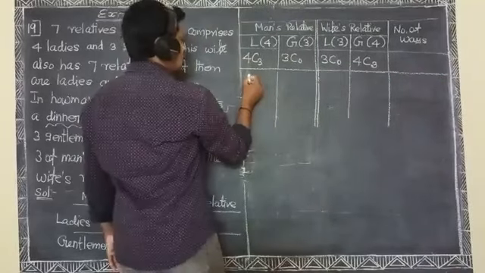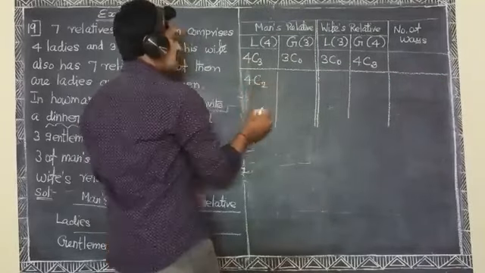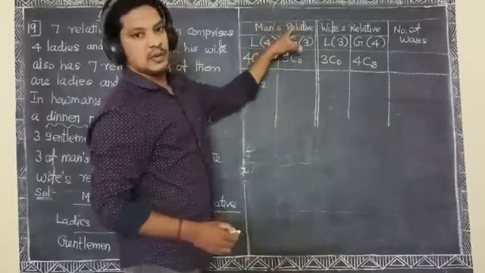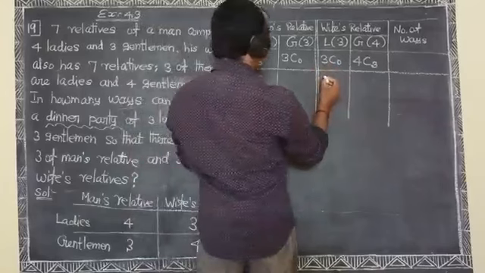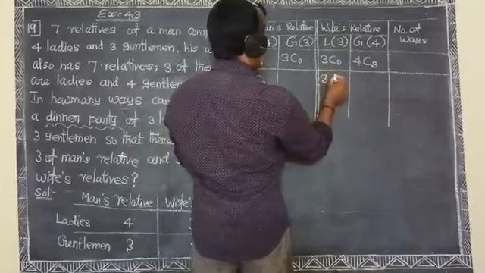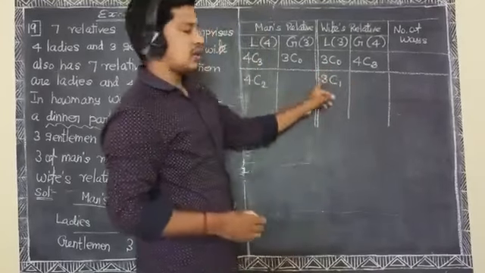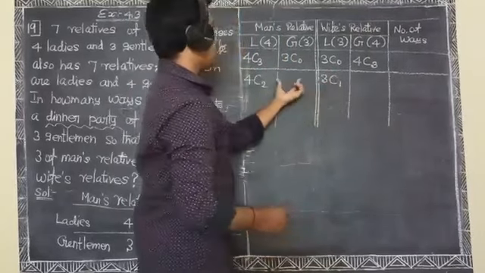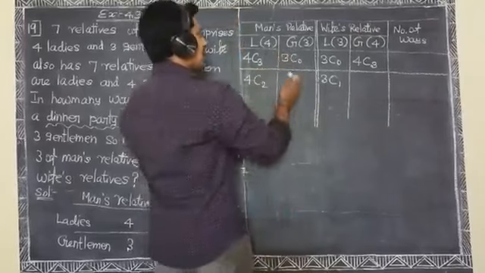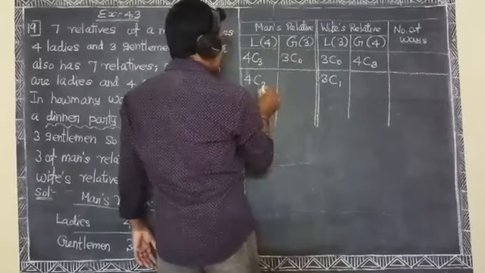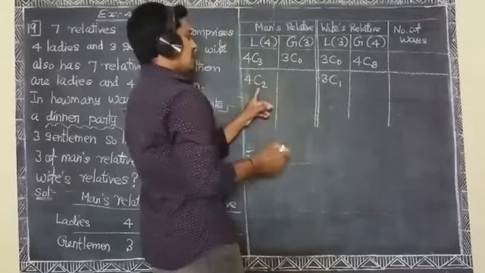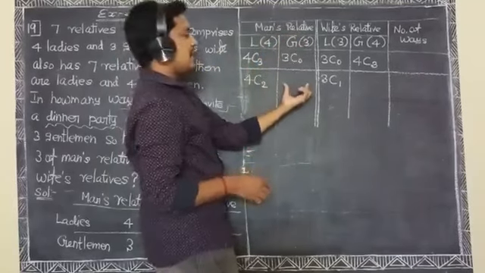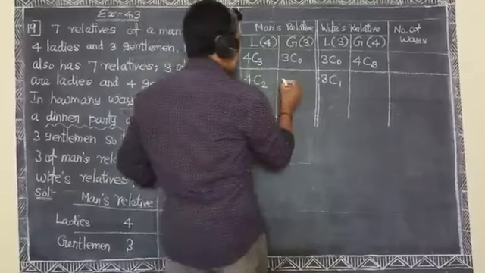Suppose we choose 4C2, meaning 2 ladies out of 4 in man's relative. Then the remaining ladies are 3C1, totally 2 plus 1 is 3 ladies. Here we already chosen 2 gentlemen in man's relative, then the remaining we choose only one person, that is 3C1.